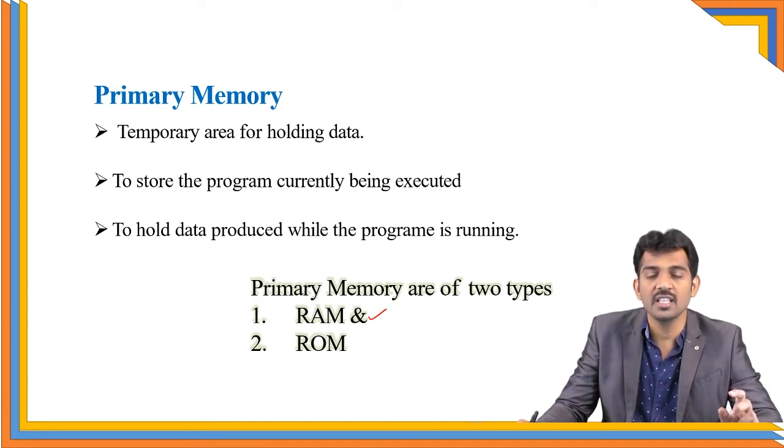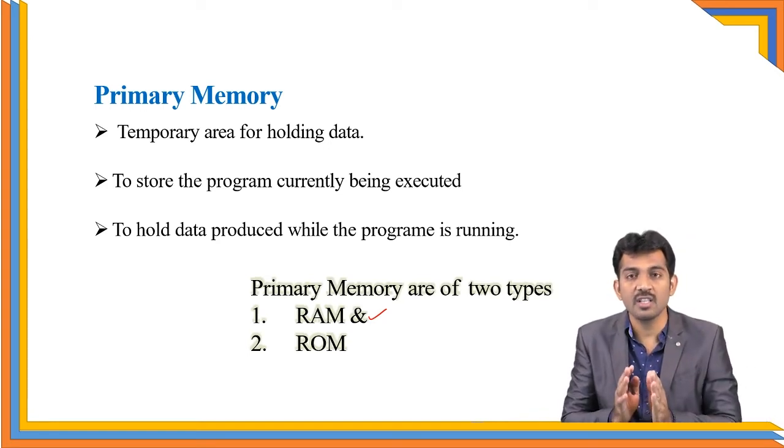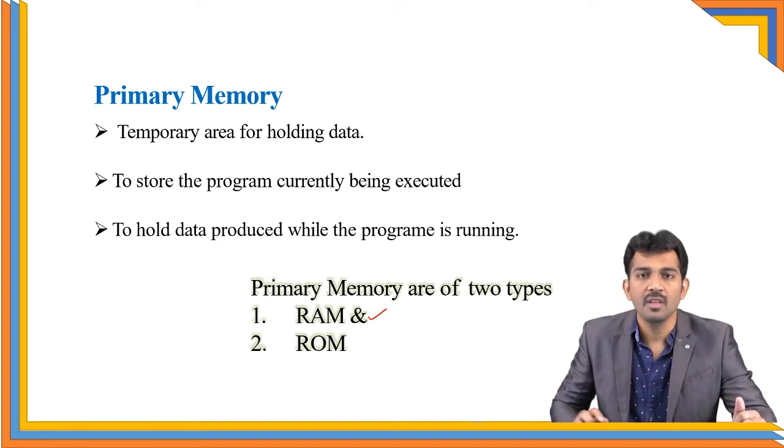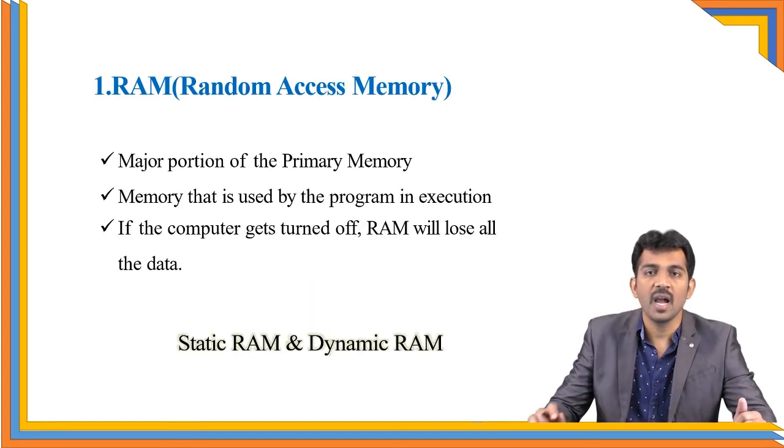RAM is faster than secondary storage devices. It is fast computing memory that holds the program while it is running. All the information while running is stored in the main memory. See, RAM, random access memory, is the major partition of the primary memory that is used by the program in execution.